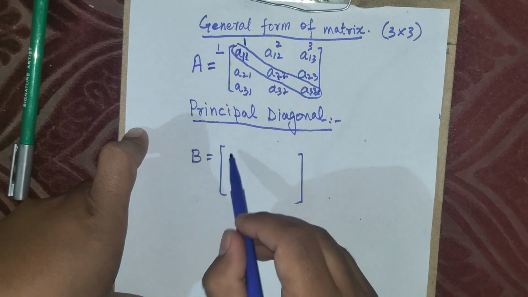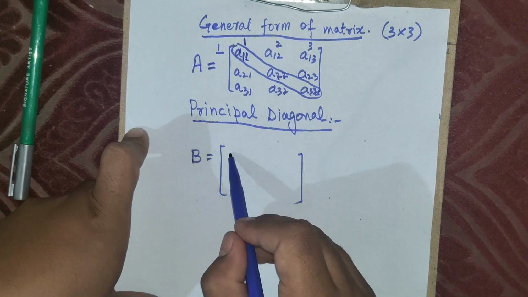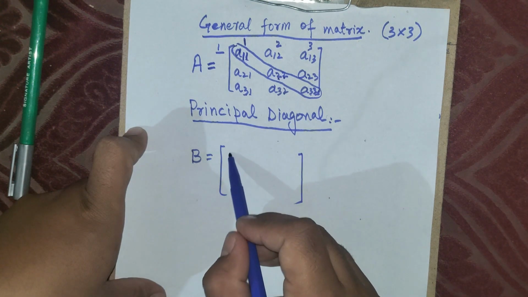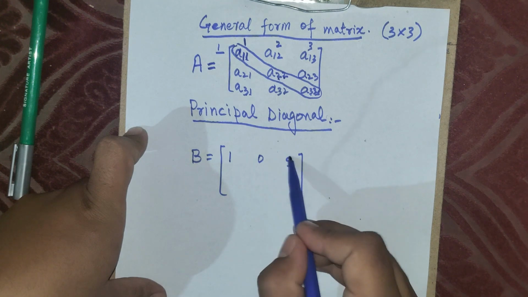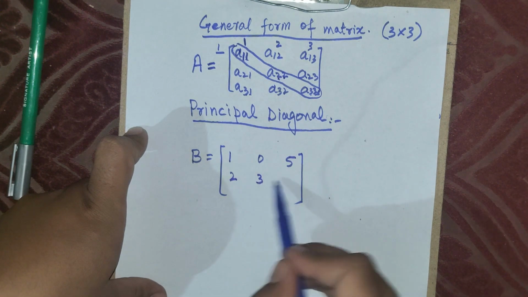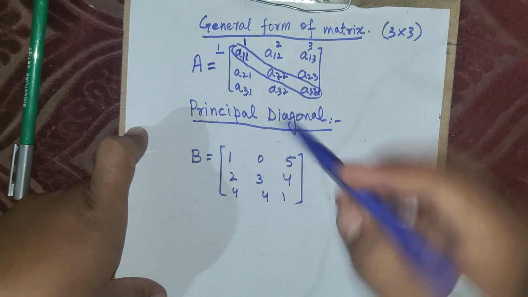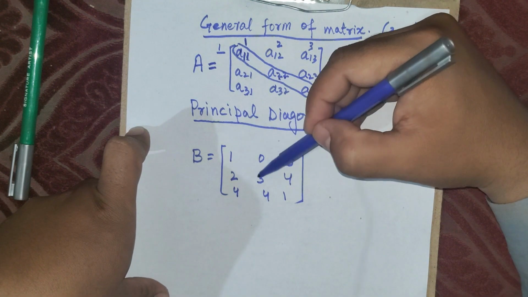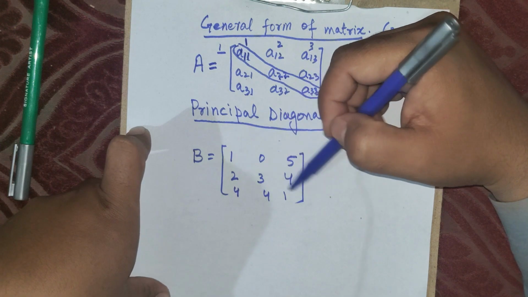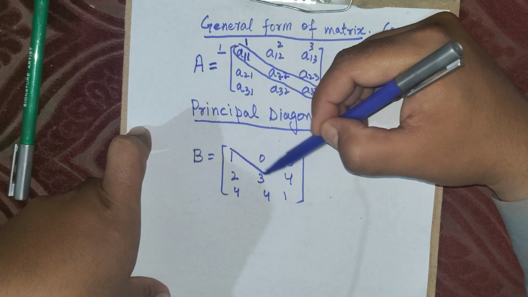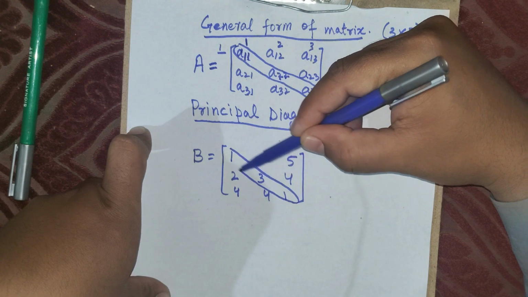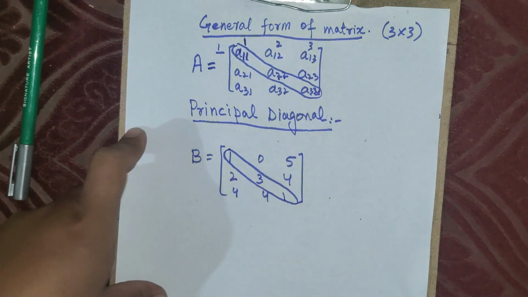This is a matrix and the entries of the matrix are given. So these elements 1, 3 and 1 form the principal diagonal in this matrix B.